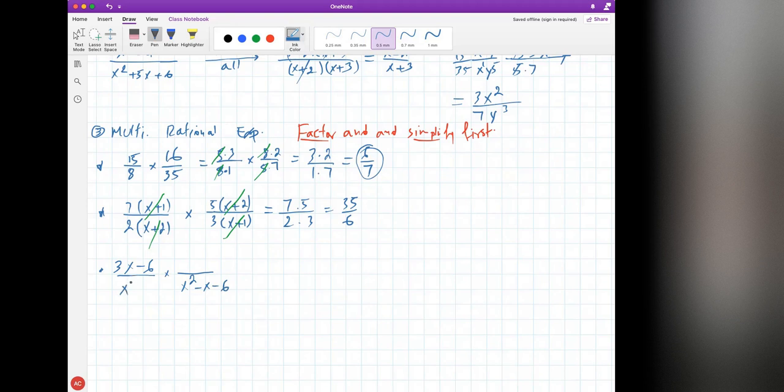Maybe x squared minus 4, and maybe another trinomial here, or just a couple of terms. 2x plus 4, for example, here.